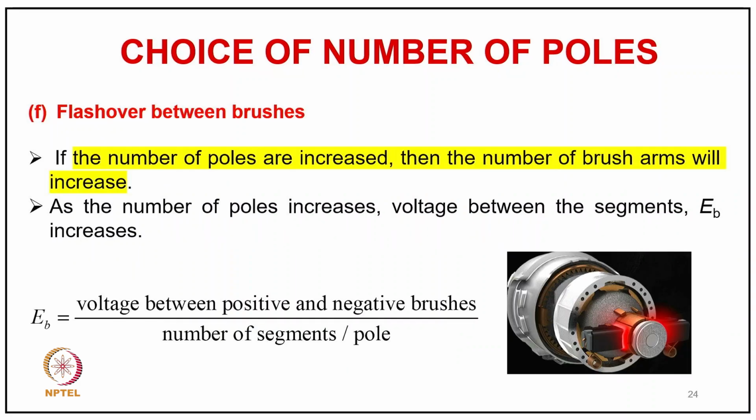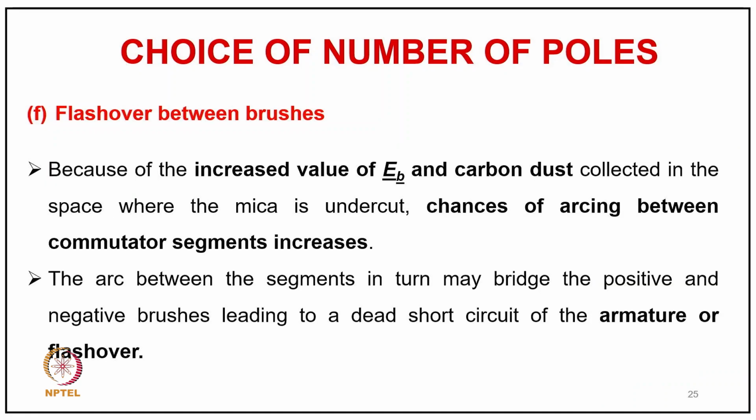Now coming to flashover between the brushes. If the number of poles is increased, then the number of brushes will increase. As the number of poles increases, the voltage between the segments increases. So EB equals the voltage between the positive and negative brush divided by the number of segments per pole. As you can see, this is the kind of flashover.